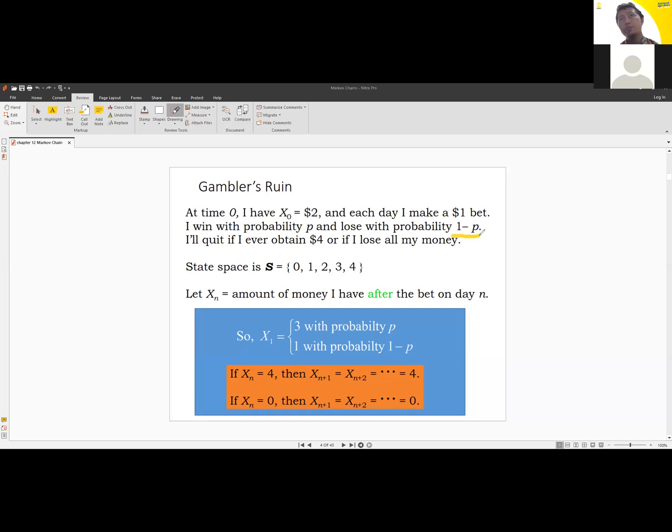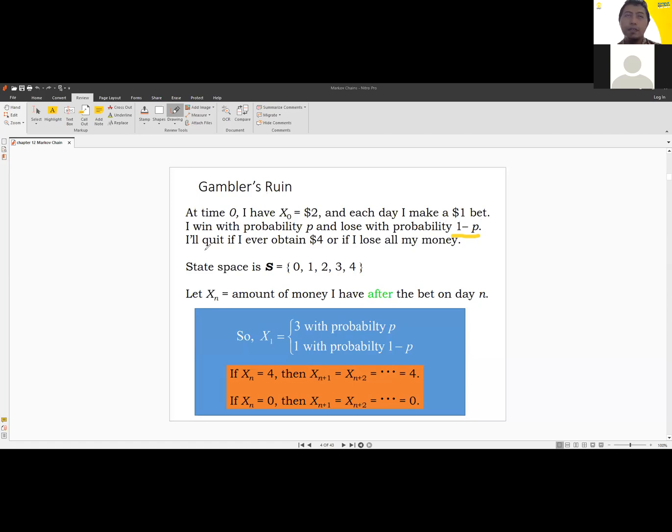If you win, the probability is P, and if you do not win, the probability is 1 minus P. There is no other possibility.